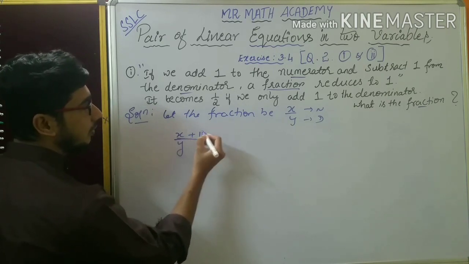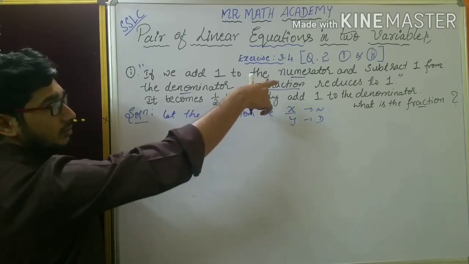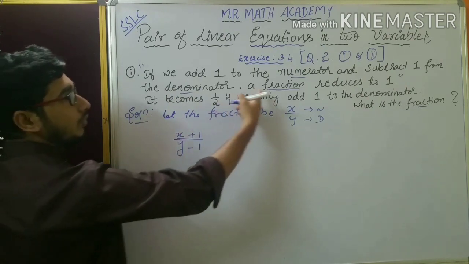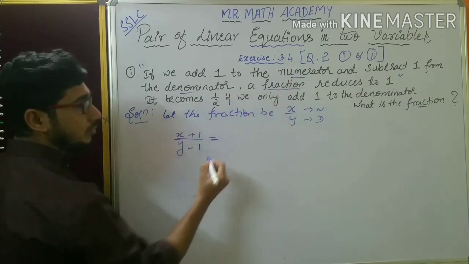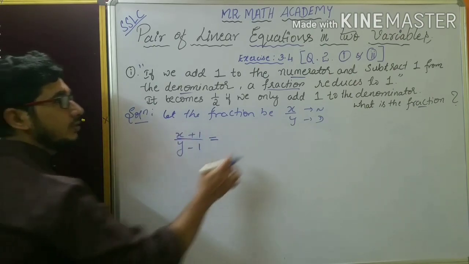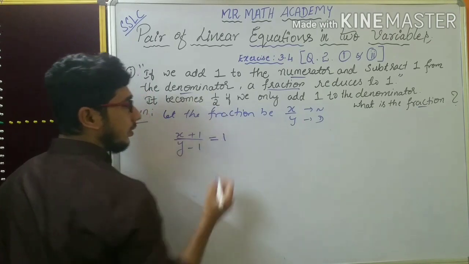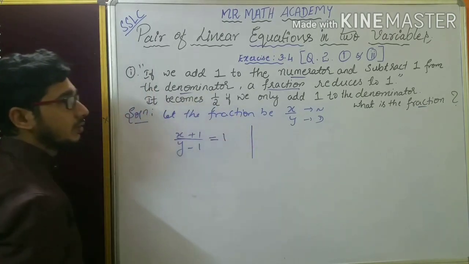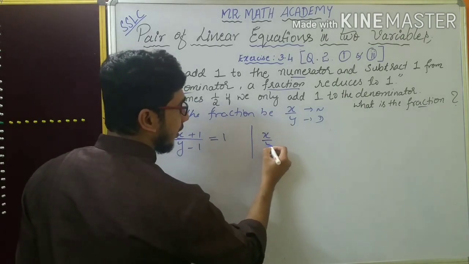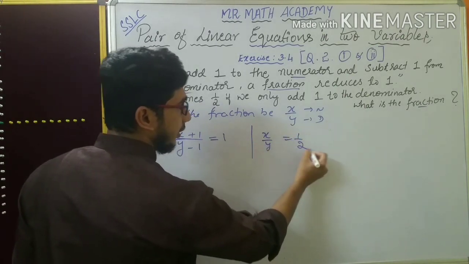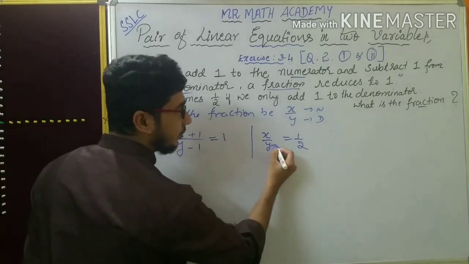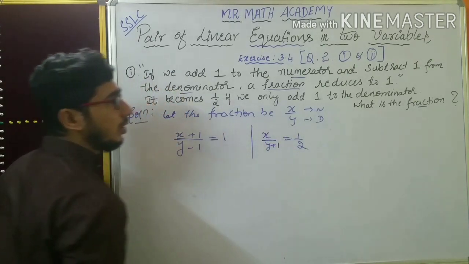If we add 1 to the numerator and subtract 1 from the denominator, the fraction reduces to 1. Okay, this is one condition. Next, it becomes half if we only add 1 to the denominator.